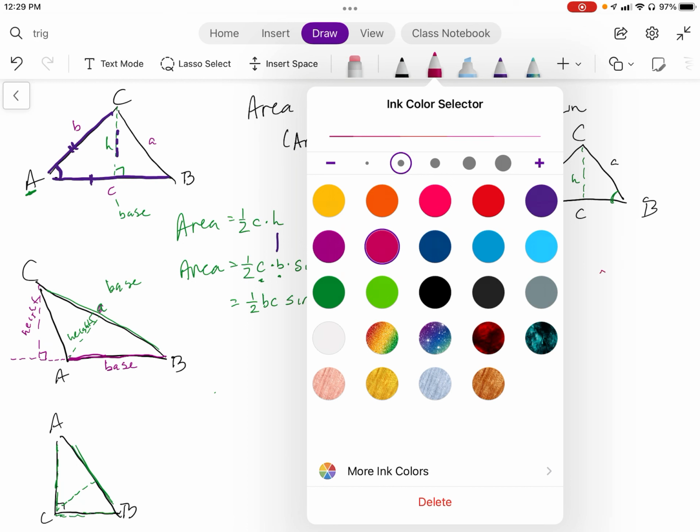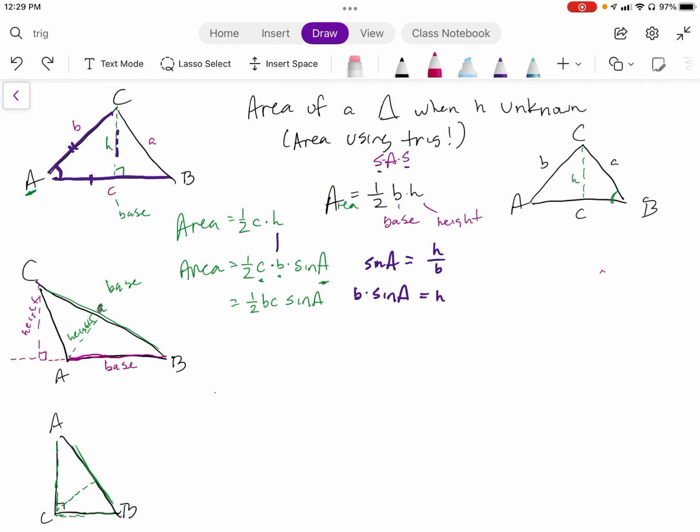Let's switch colors here. What if you knew that and little a? Again, we need a side-angle-side. So I know c, I know little a, and I know that included angle B. Well, then I could write sine B equals opposite over hypotenuse, looking at this triangle, h over a.